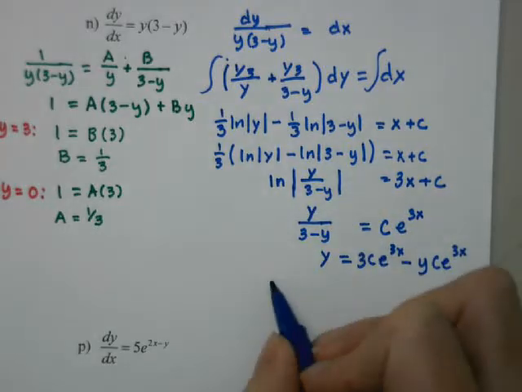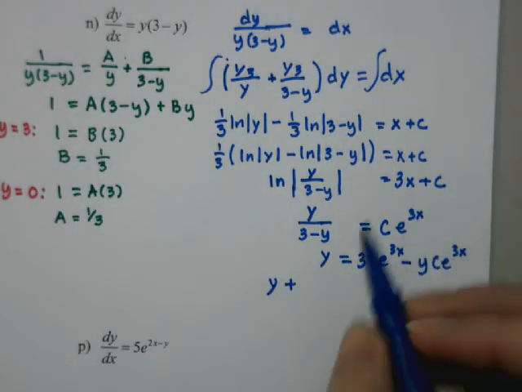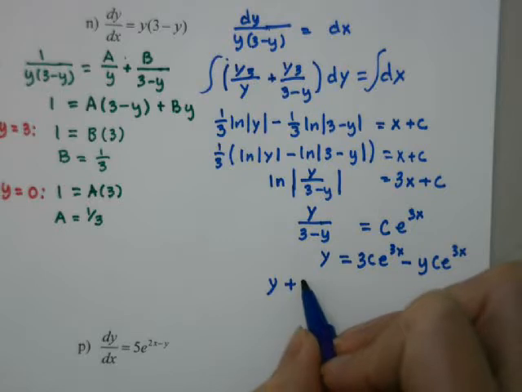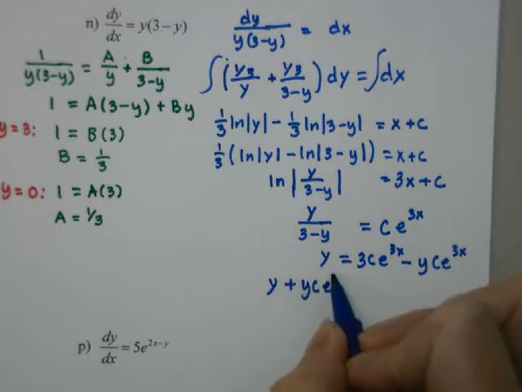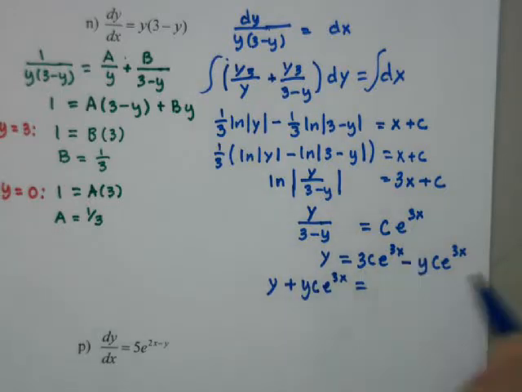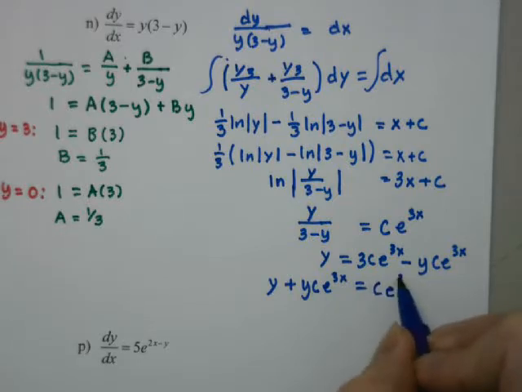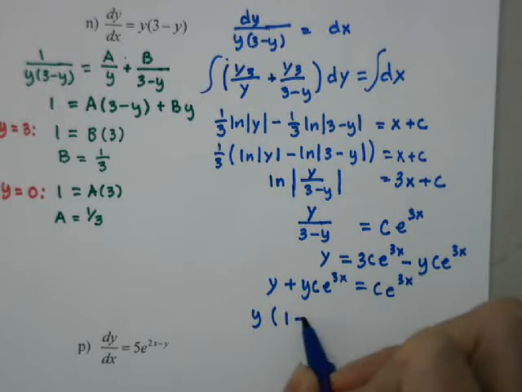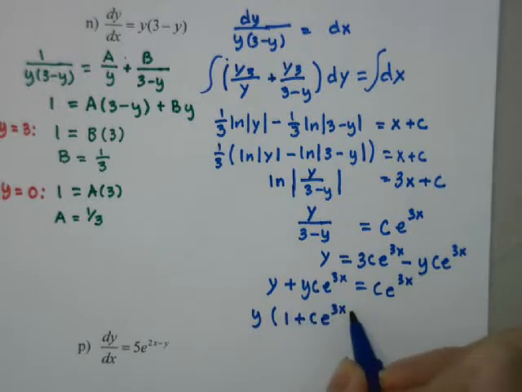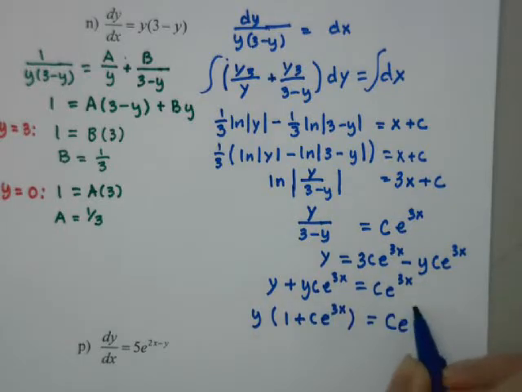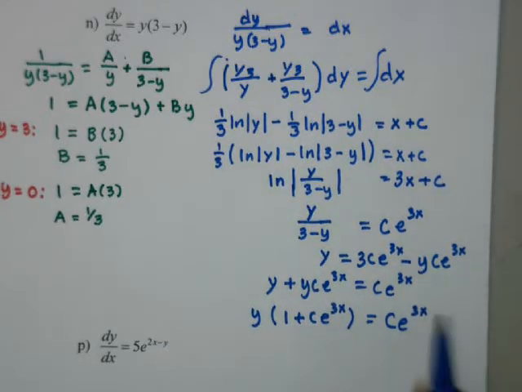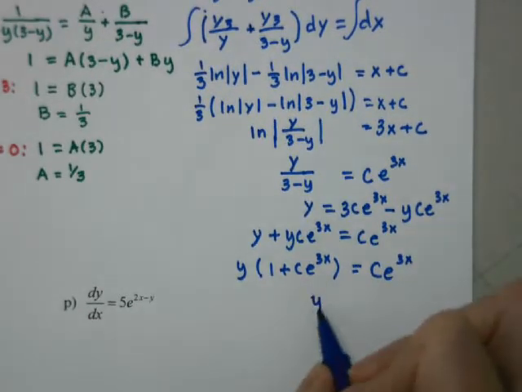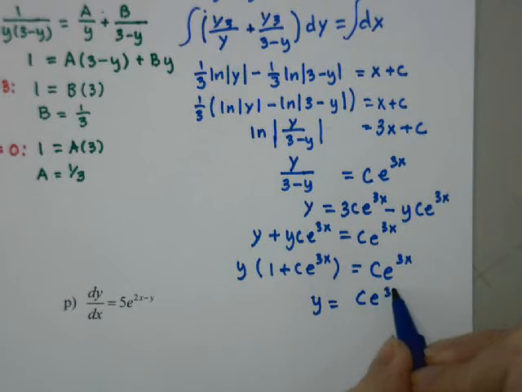I'm going to add this one over, so I'm going to have y plus yc e to the 3x equals 3 times c is just c. Factor out the y. And then divide. So y is c e to the 3x over 1 plus c e to the 3x.